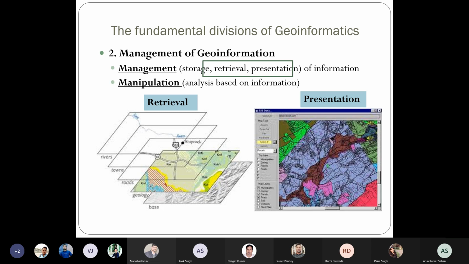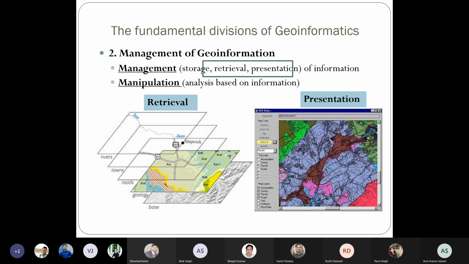Like in this figure, if you consider a particular area in which we have rivers, buildings, grass fields, etc. If you want to separate each object, like separating the buildings, delineating the rivers flowing through that area, identifying the grass fields, then you need to execute certain algorithms on that data set to retrieve this information separately.